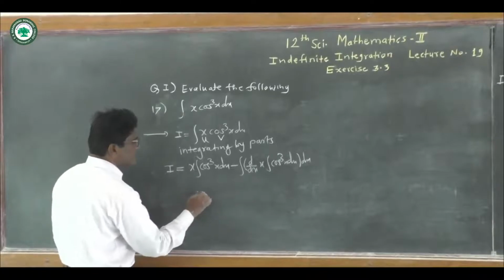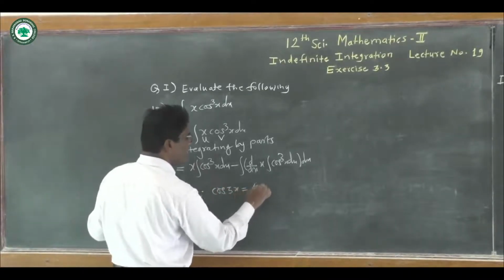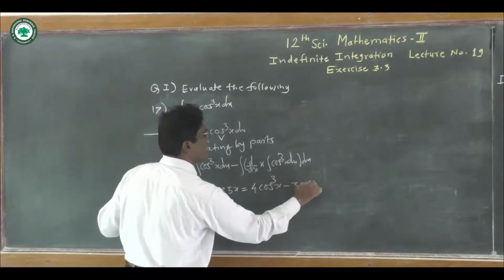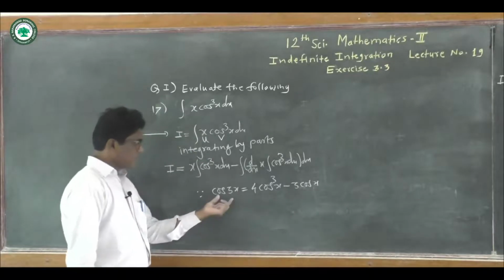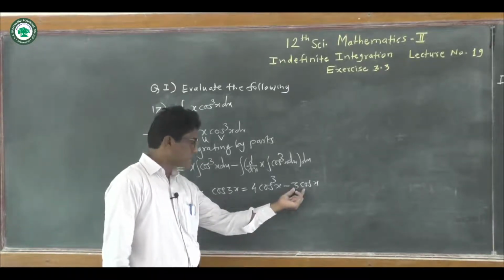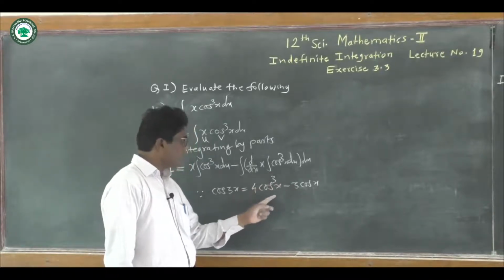Since cos of 3x is equal to 4 cos cube x minus 3 cos x, this is the formula. From this formula we find the formula for cos cube x.